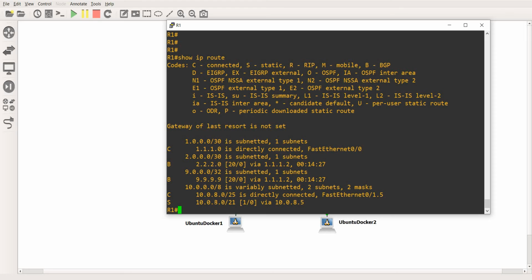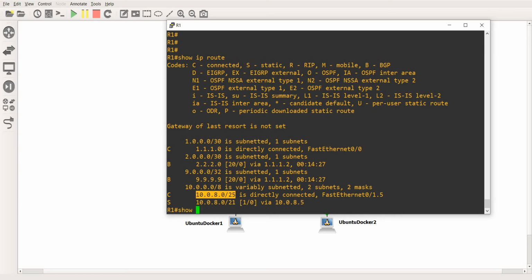So, like I said earlier, when the destination IP address matches more than one route, the router uses the best route or the most specific route. So in other words, the route that has the longest prefix length. So that would be, let's say that the destination IP address is 10.0.8.1. The router R1 is going to use this route here to forward that destination IP address.